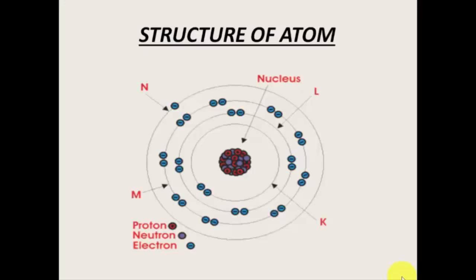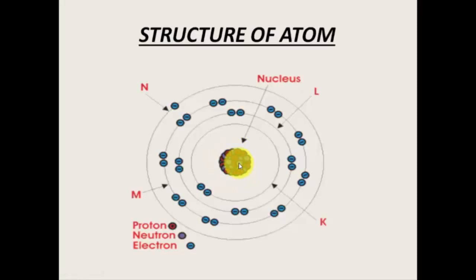For this, let us first consider the basic structure of an atom. And this is the basic structure of any element which is, let's say, a good conductor of electricity. In this there is a nucleus, and the nucleus is the centralmost part of any atom. And this nucleus consists of protons as well as neutrons.